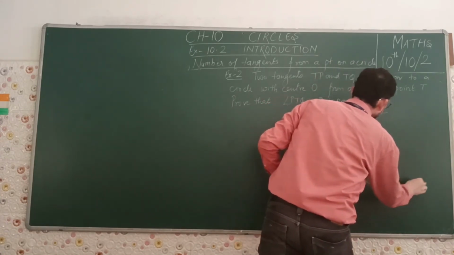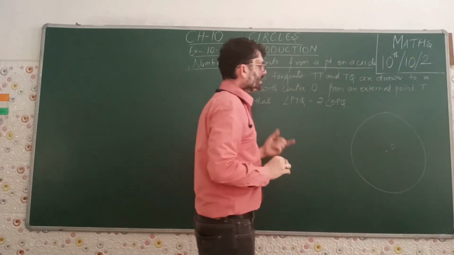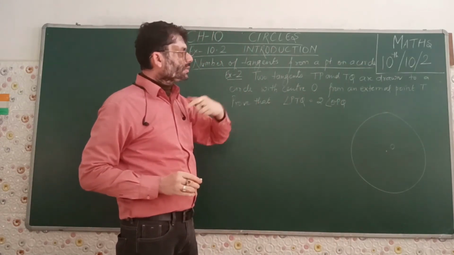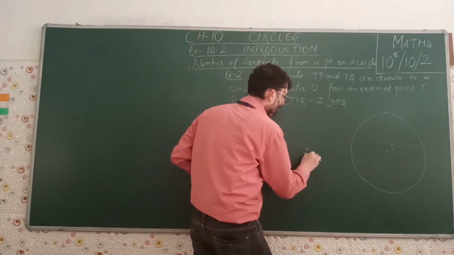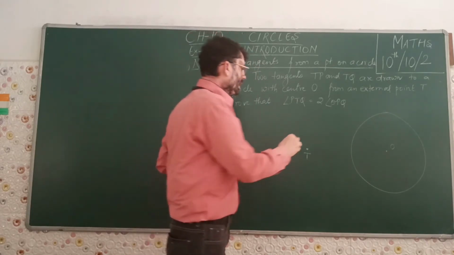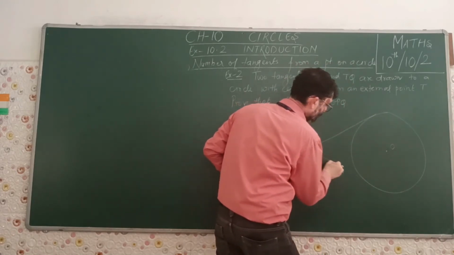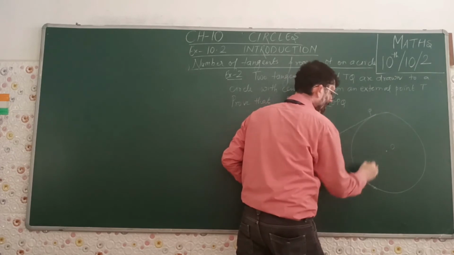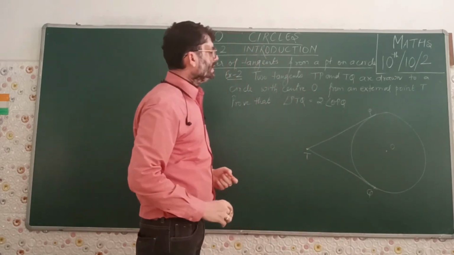We are given a circle with center O, and we are also given an external point. So let the external point be T somewhere here. TP and TQ are two tangents.